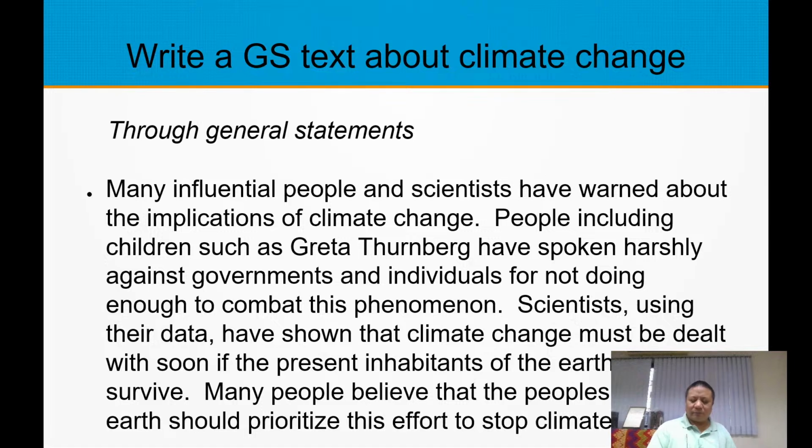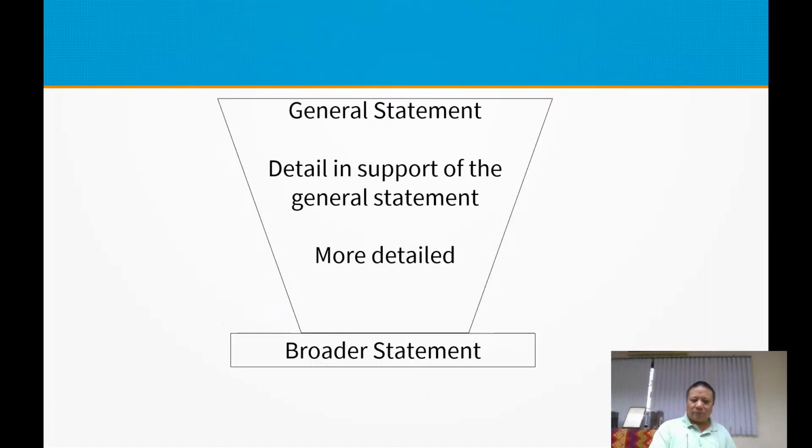So again, you have a general statement that's broad. Then you provide details in support of the general statement. Then you provide another detail. And then later on, you provide a broader statement.